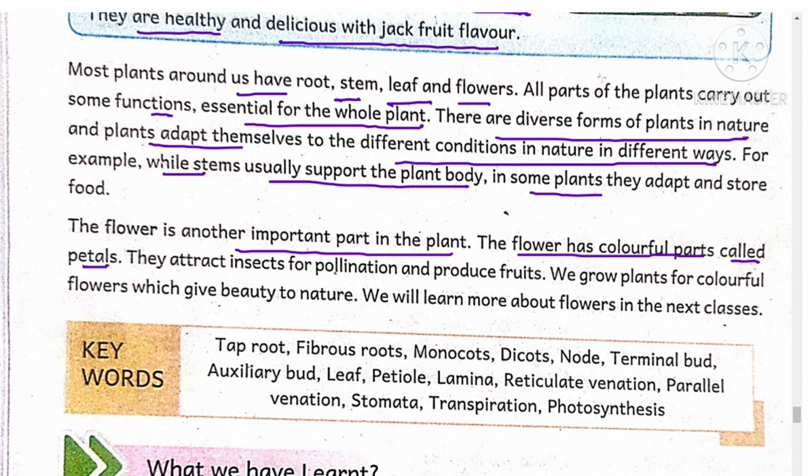Petals are very beautiful because they want to attract insects for pollination and to produce fruits. We grow plants for colorful flowers which give beauty to nature. These are natural colors. We will learn more about flowers in the next class.